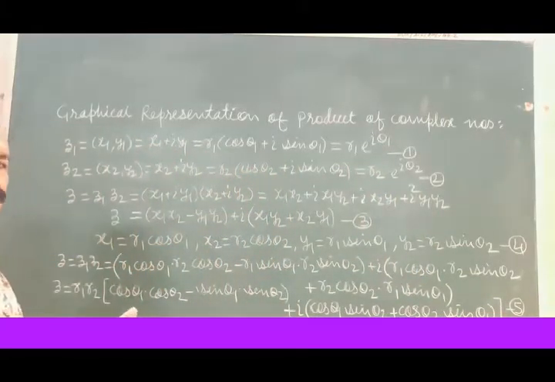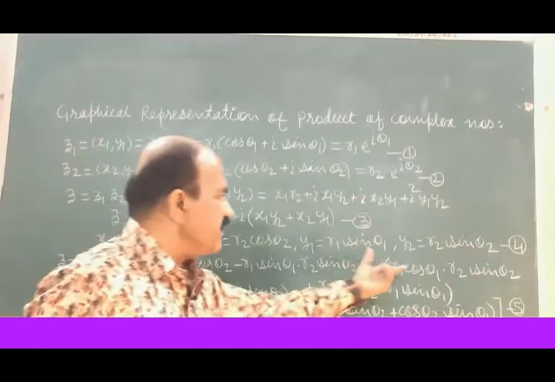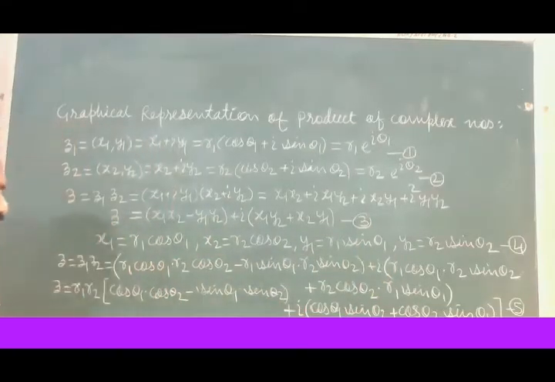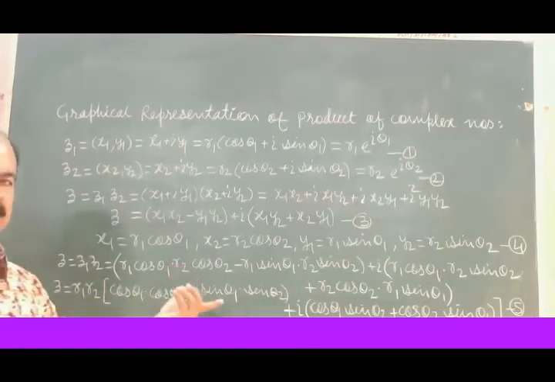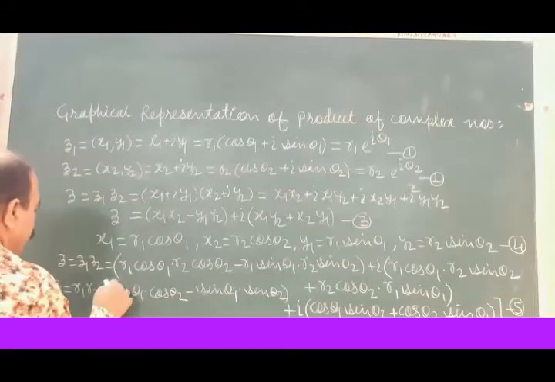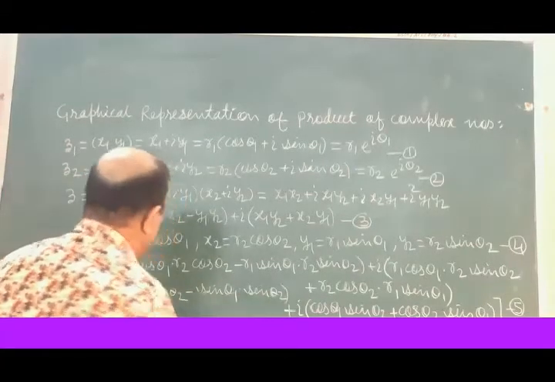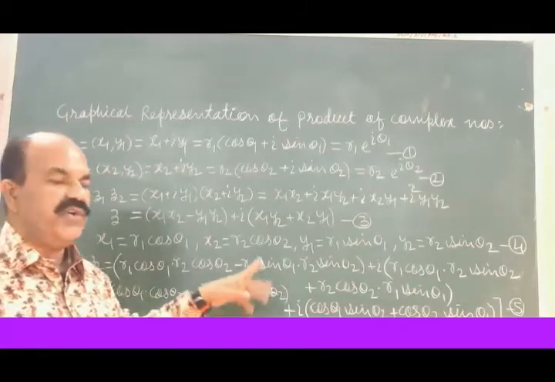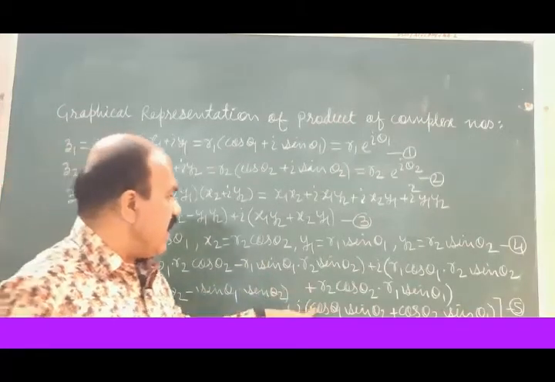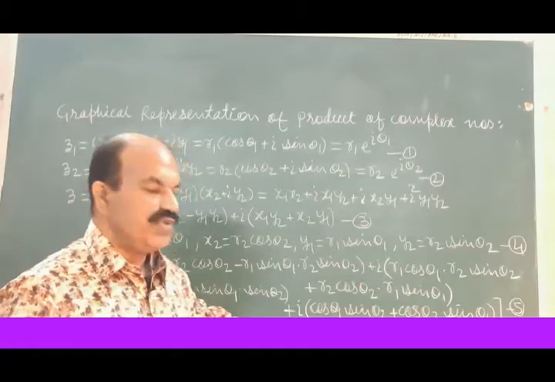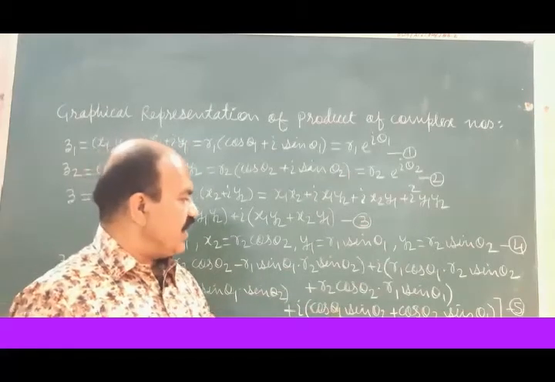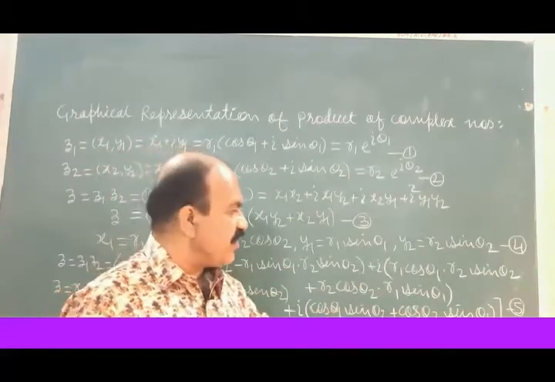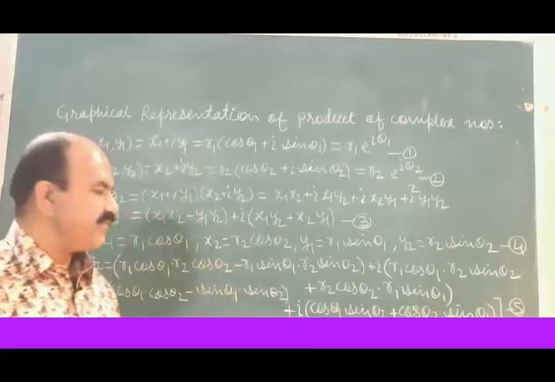Taking r1 r2 common from the first bracket as well as from the second bracket, we have z is equal to r1 into r2 into, in the square bracket, the first bracket will have cos theta 1 into cos theta 2 minus sin theta 1 into sin theta 2 plus i into, the second bracket will have cos theta 1 into sin theta 2 plus cos theta 2 into sin theta 1.